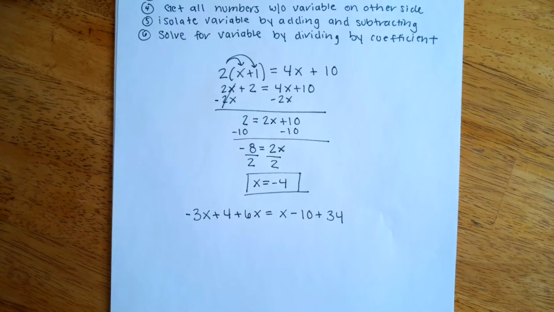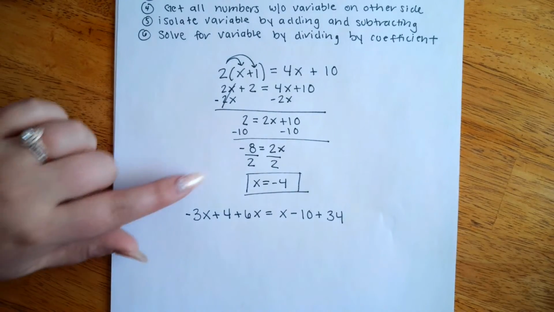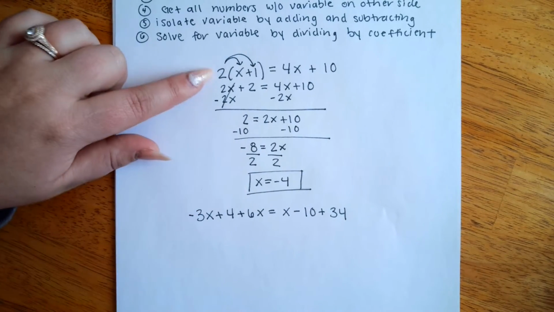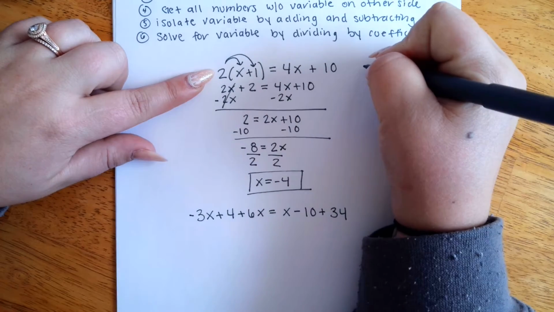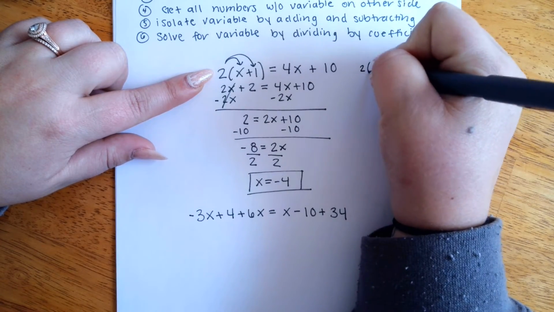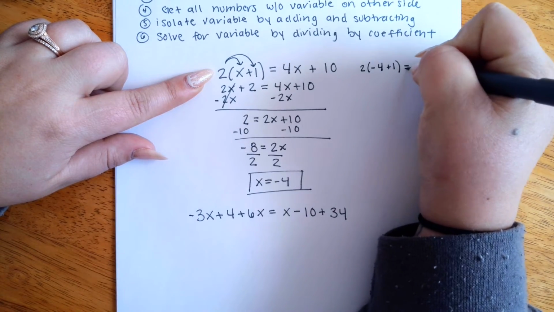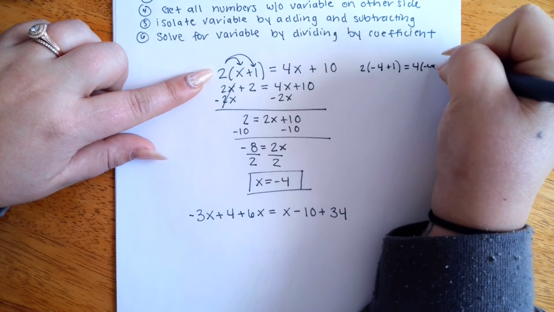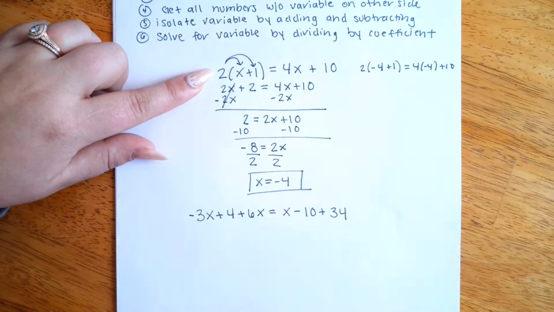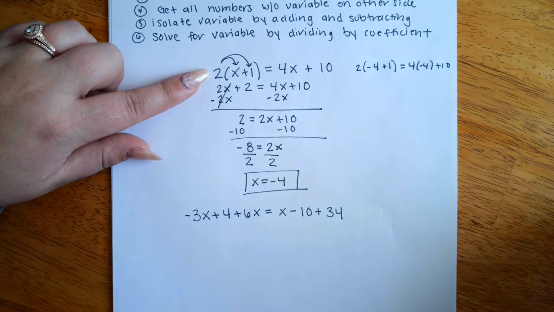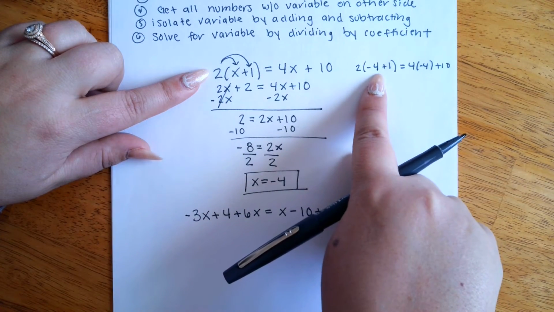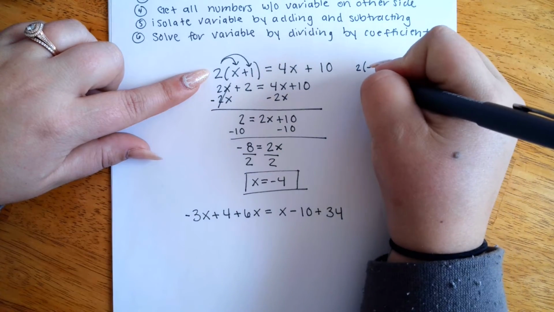There we go. And then, of course, you could always plug in your answer and make sure that it's correct. So let's do that. So we've got 2 times -4 plus 1. Does that equal 4 times -4 plus 10? Then we just got to follow order of operations. So on this side, I want to do parentheses first. -4 plus 1 is -3.